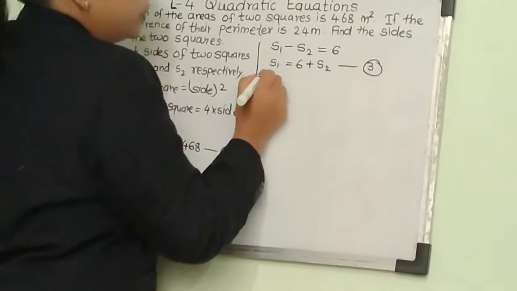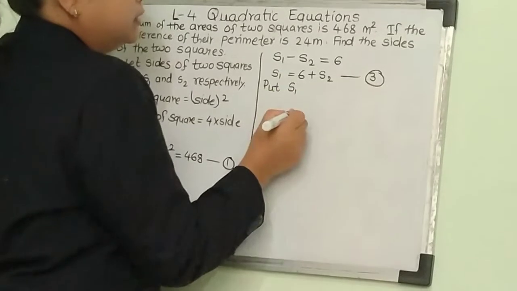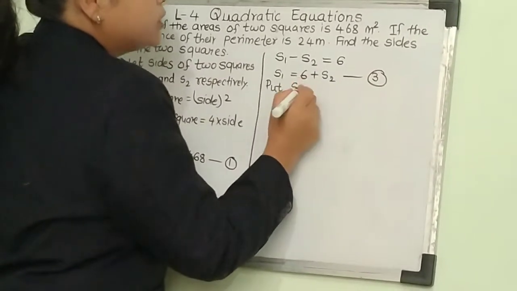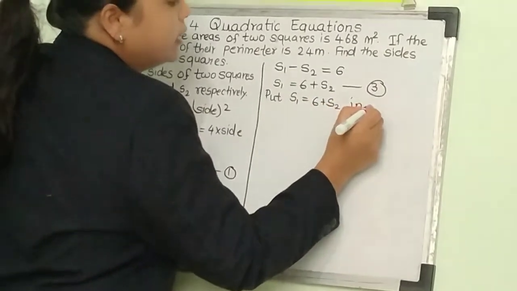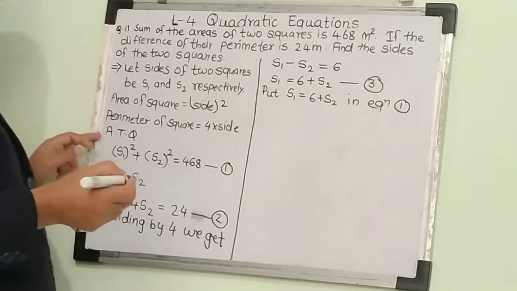Now we put S1 equals 6 plus S2 in the first equation.